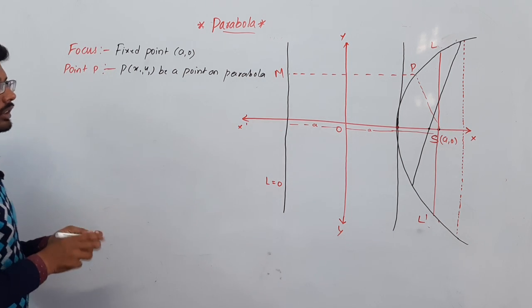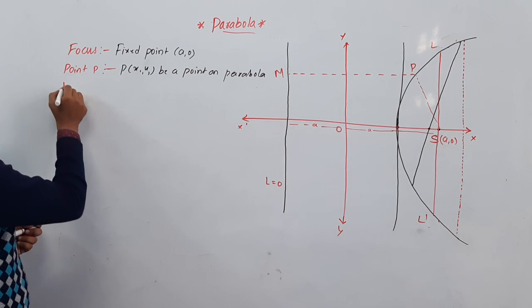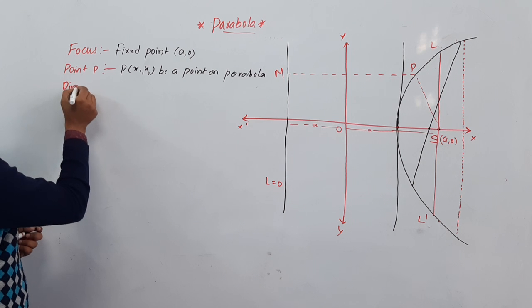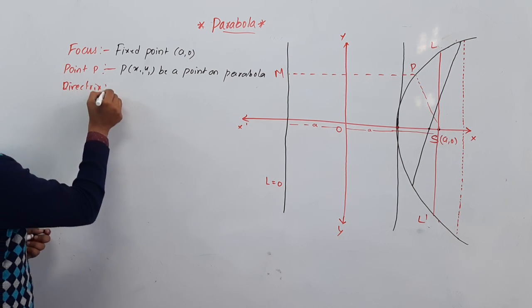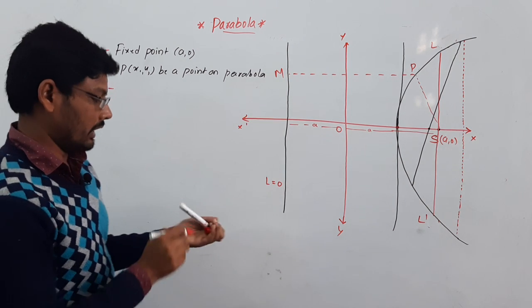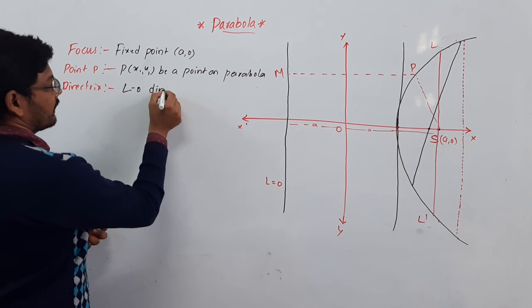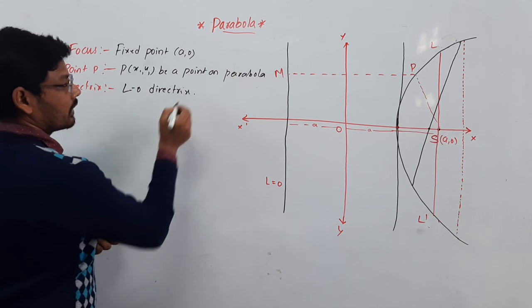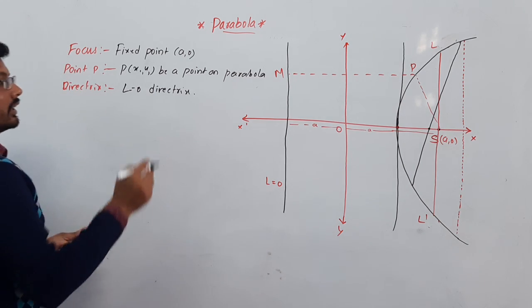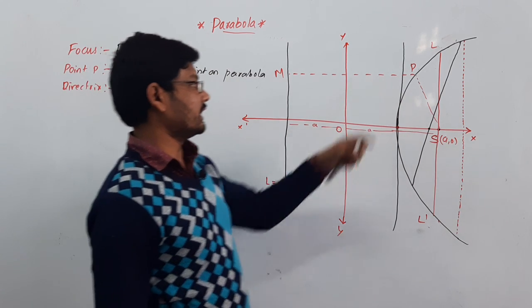And the next one, L equal to 0, directrix. Let L equal to 0 be the directrix, and here eccentricity is equal to 1.